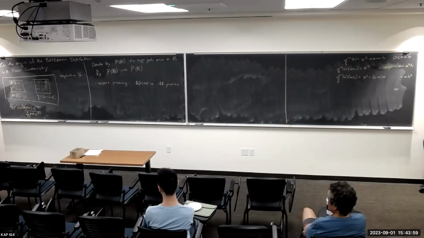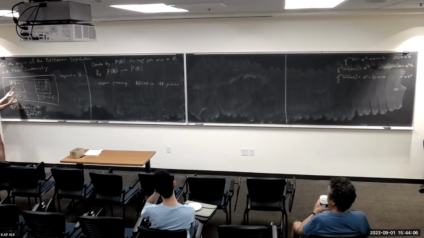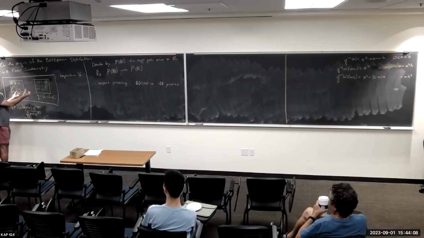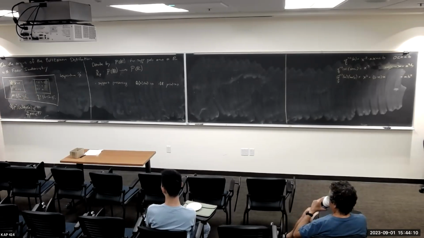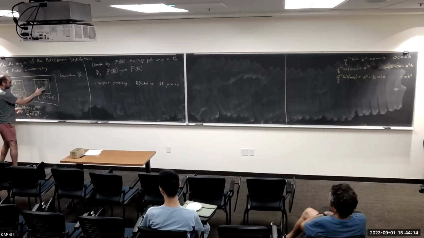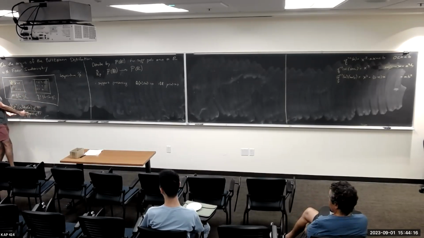So I have a new system with 12 states, and the energy of each state is a pair of states, and the energy is the sum of the energies, which somehow captures that there's no interaction between these two particles. So what does Boltzmann tell us about this? Well, we could apply Boltzmann to this one and this one, and we get this. Or we can apply it to the whole system. And what do we expect to see for the whole system?